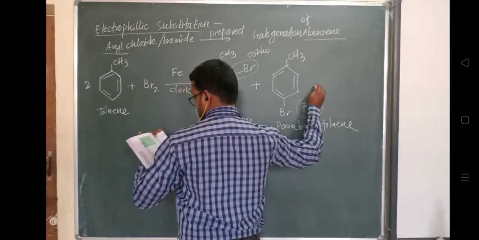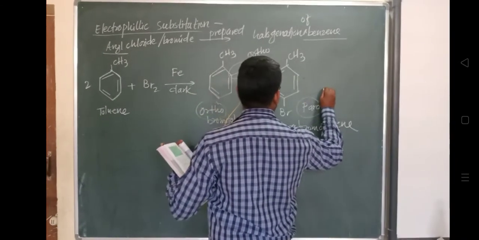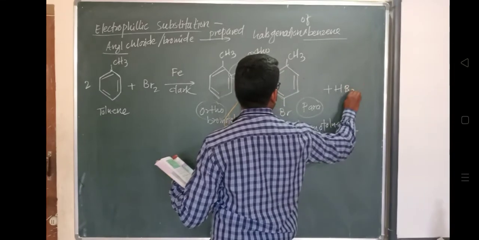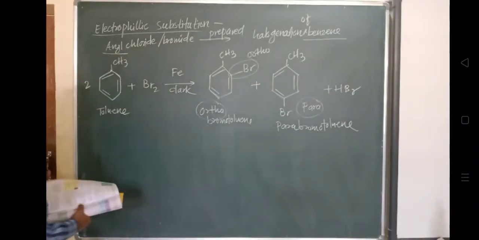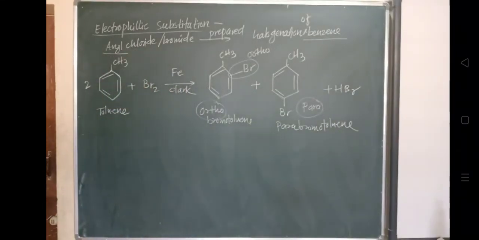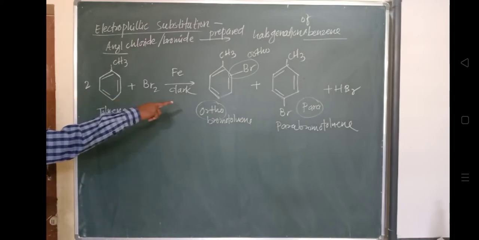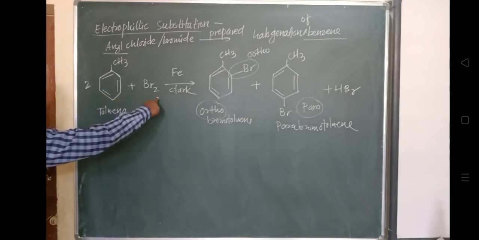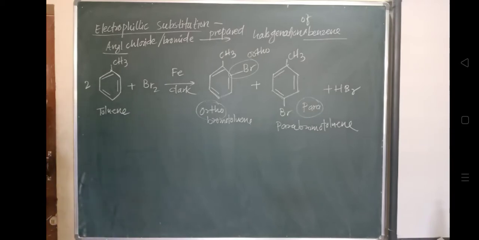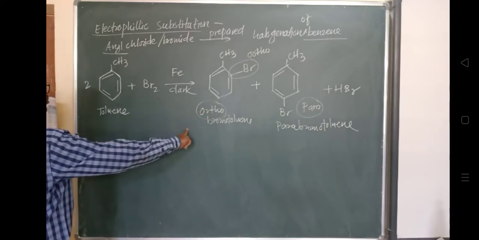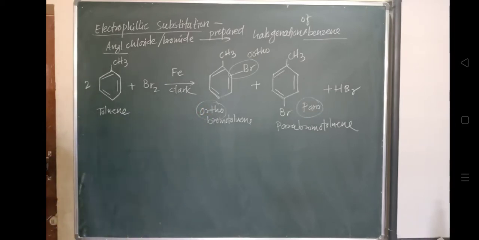So when toluene is brominated in the presence of iron, a mixture of ortho and para bromotoluene is obtained.